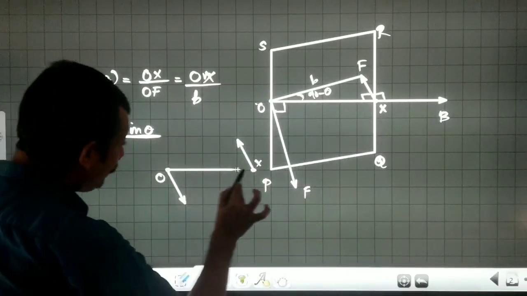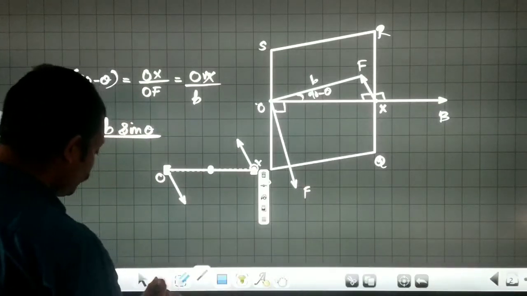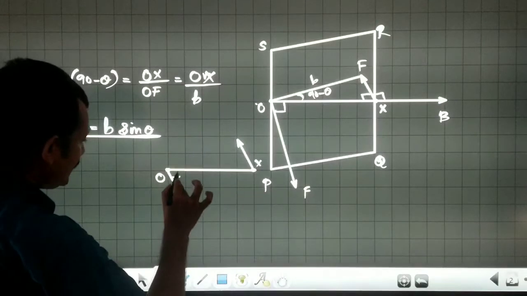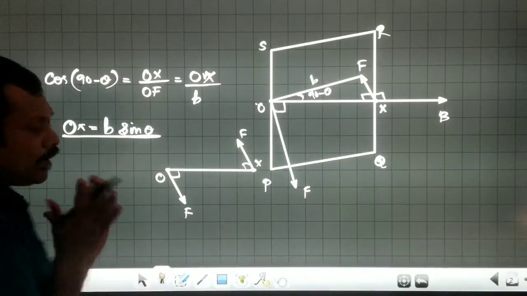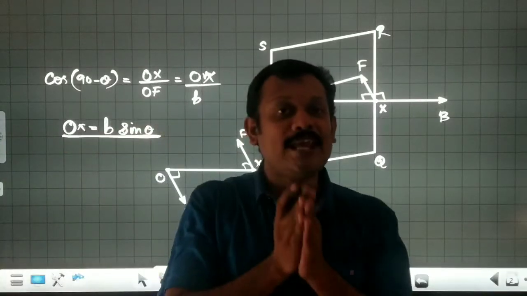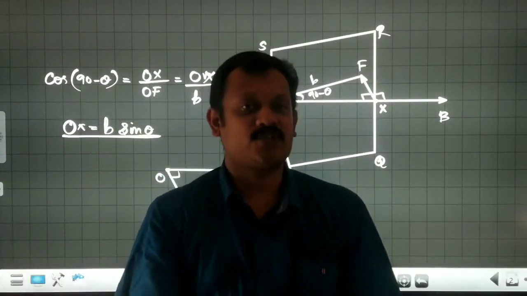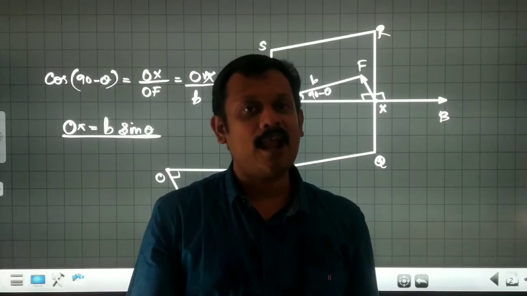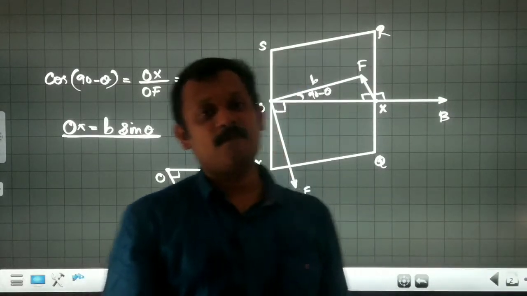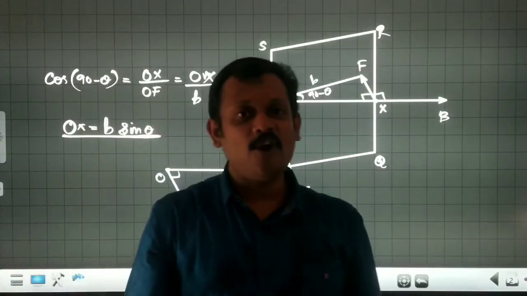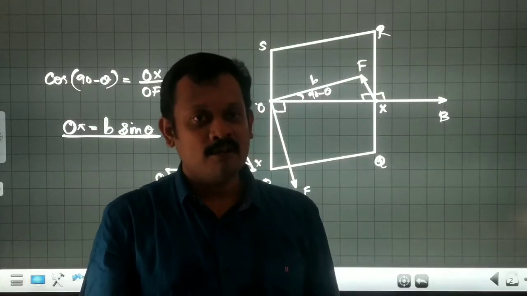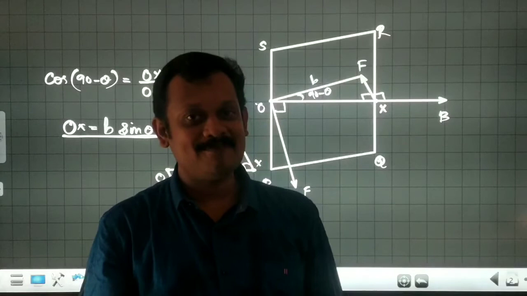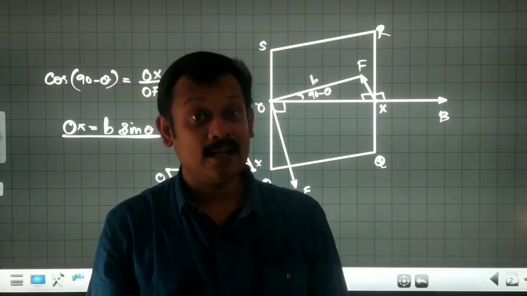Then this is the perpendicular distance between the line of action of two equal forces. 90 degrees, 90 degrees. This is force F, this is force F. Now what you see here is two equal and opposite forces whose lines of action are separated by a perpendicular distance. We used to call it a couple.